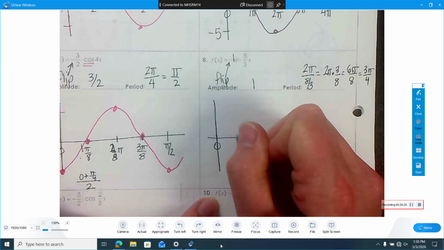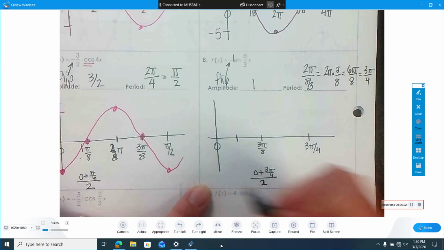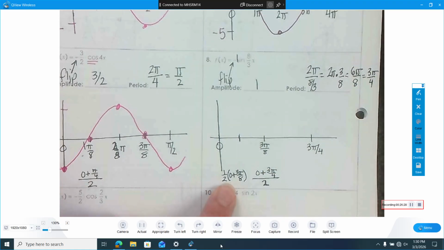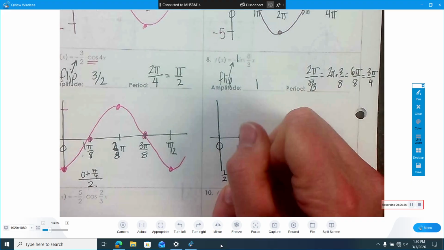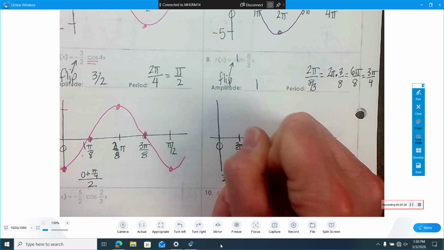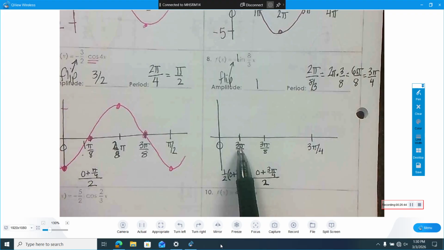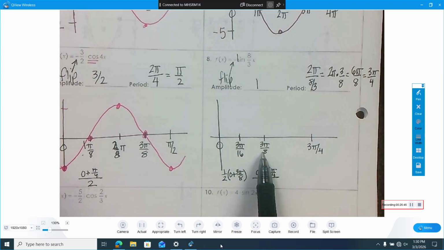All right, and this is another way you could write it. What is halfway between 0 and 3 pi over 8? That's a great way to write it. What do we get? 3 pi over 16. Well, hey, that's really interesting. Okay, 3 pi over 16. Ooh, what's this one?